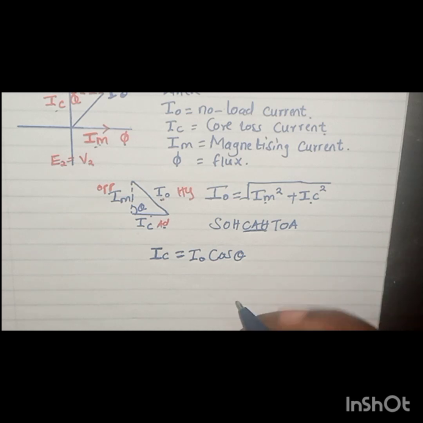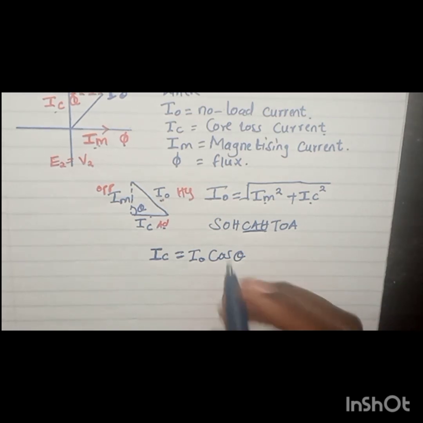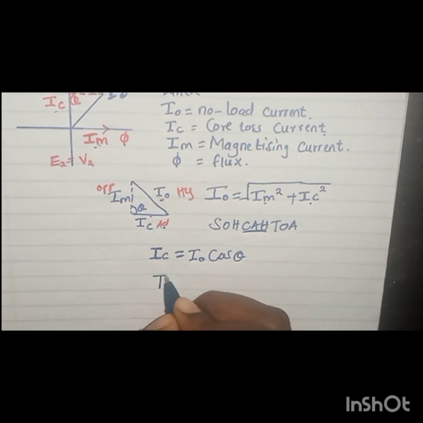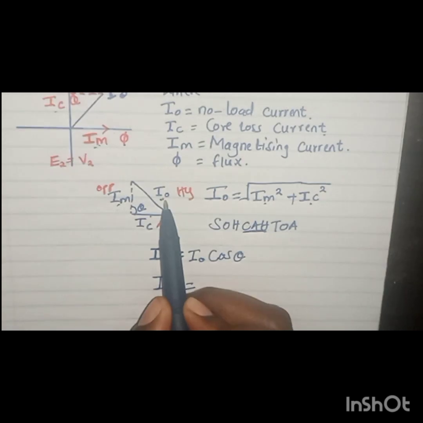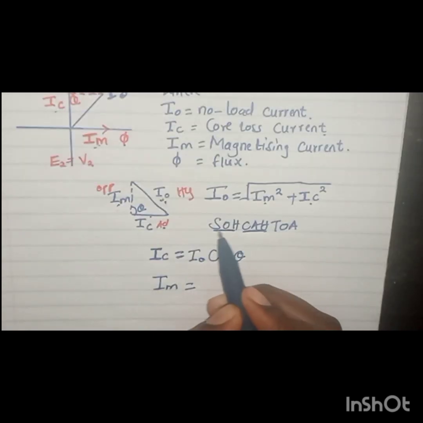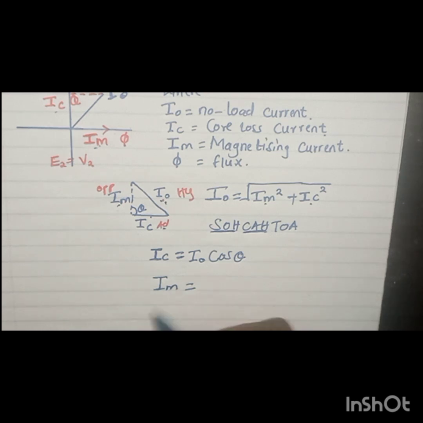That is my IC. Then I can get IM. For IM, you can see M is on the opposite side, and I have the hypotenuse, so of course I can use sine theta. So IM is equal to I naught sine theta. That's what we have.